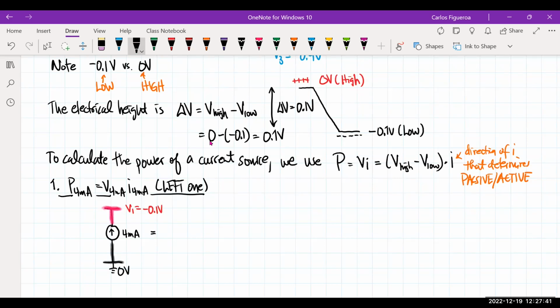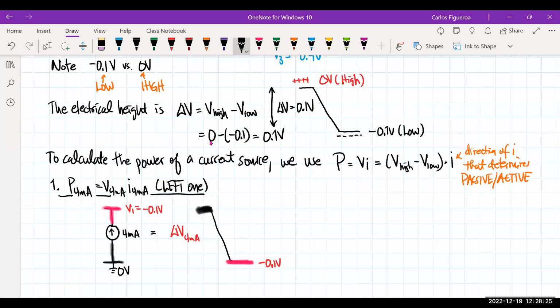So the voltage height of this 4 milliamp, from what we've already said, looks like this. Wait, let me write this right. This is going to be minus 0.1 volts. And then up here is my ground.